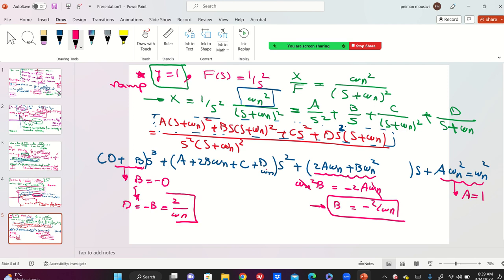Okay. And from here, your a is 1. Your b is minus 4, and omega n with omega n goes, plus c and plus 2 is 0 because this omega n with this omega n goes.